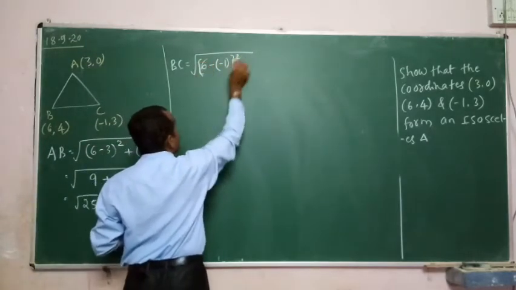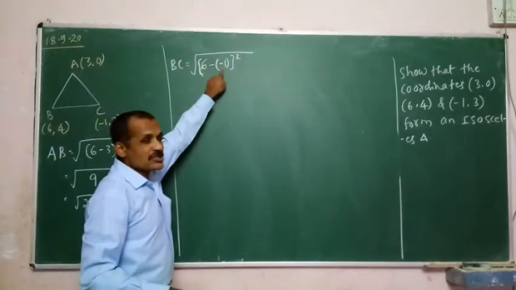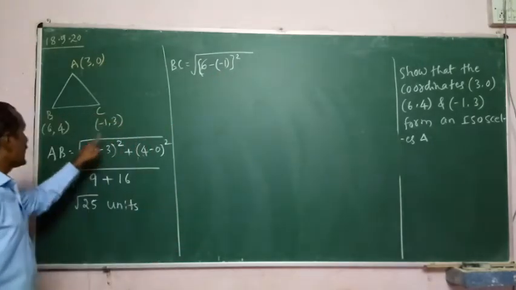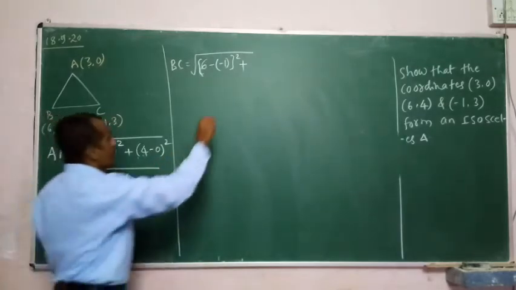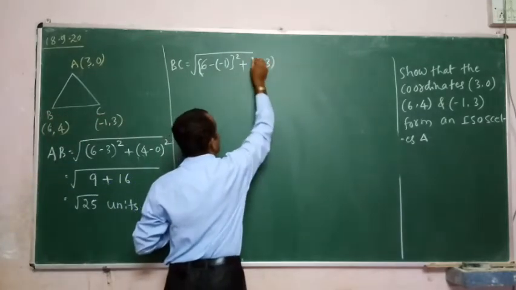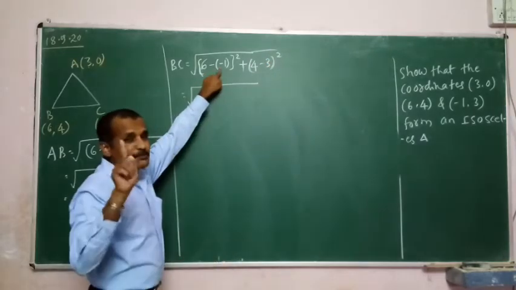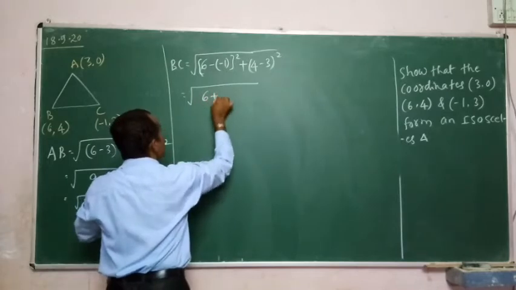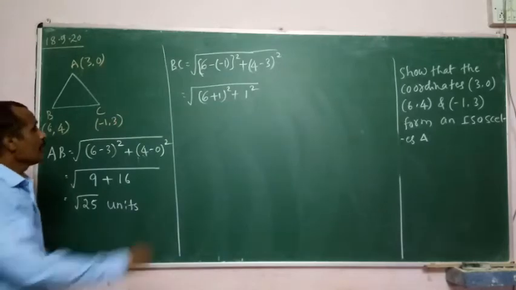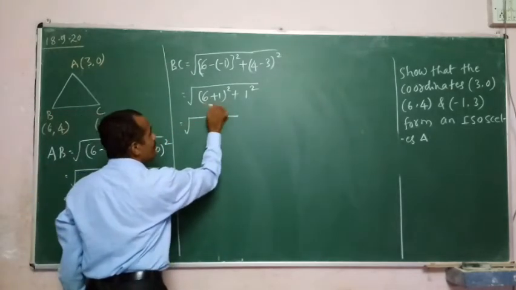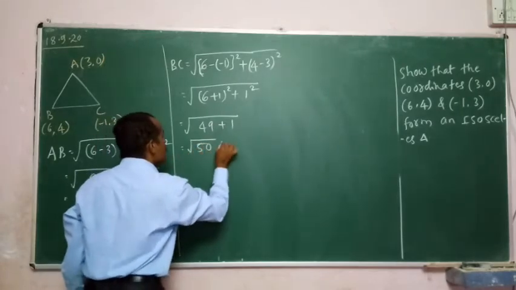You should not be in confusion about why these 2 minus have come. 1 minus from the formula. Solve it in the bracket. There is one value that is negative here. Plus 4 minus 3 the whole square. Come on. Minus of minus is plus. It is 6 plus 1 the whole square plus 4 minus 3 is 1, 1 square. So it is 7 square, 49, plus 1. Answer is square root of 50 units.